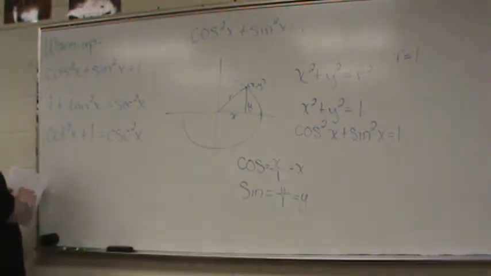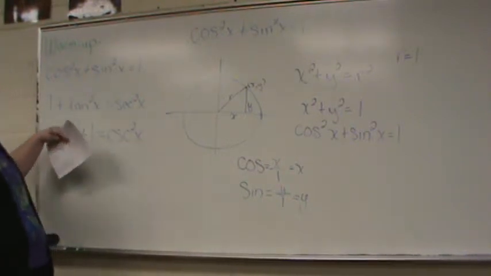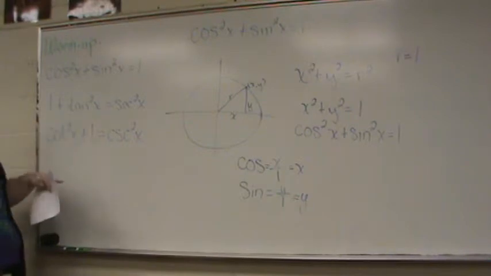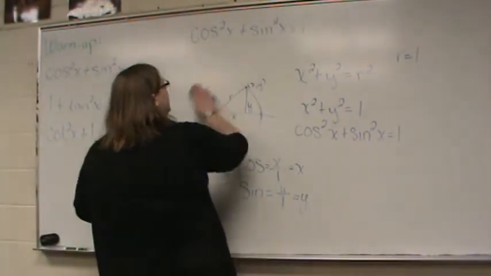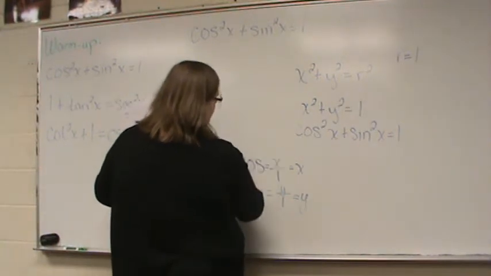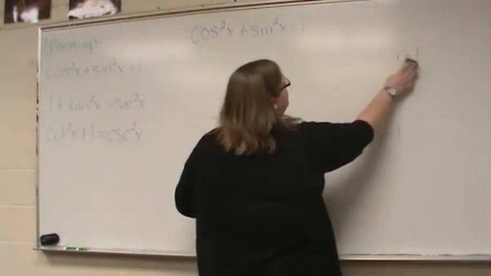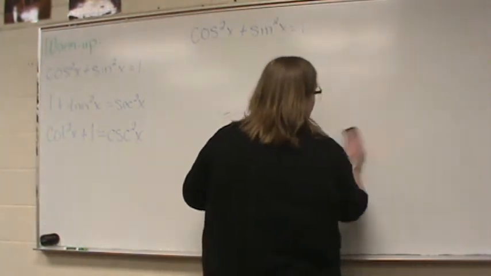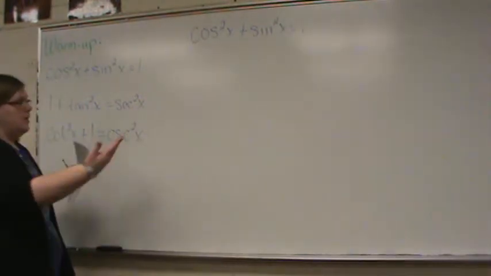So now we're going to look at the second one. So that's this 1 plus tangent squared x equals secant squared x. And those second and third equations both come from this first equation that we just created, or that we just showed was a good equation.